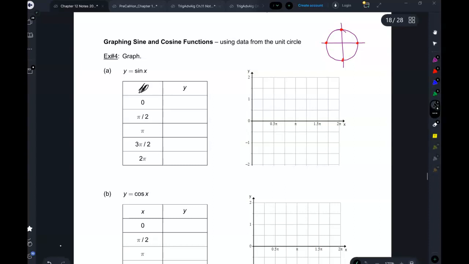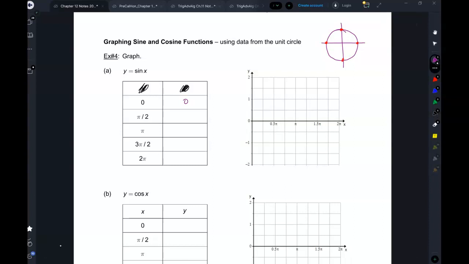Okay. Am I pointing to 0 degrees? Yep. On this unit circle, at where my finger is, what's the y coordinate? 0. That's the sine. So 0.